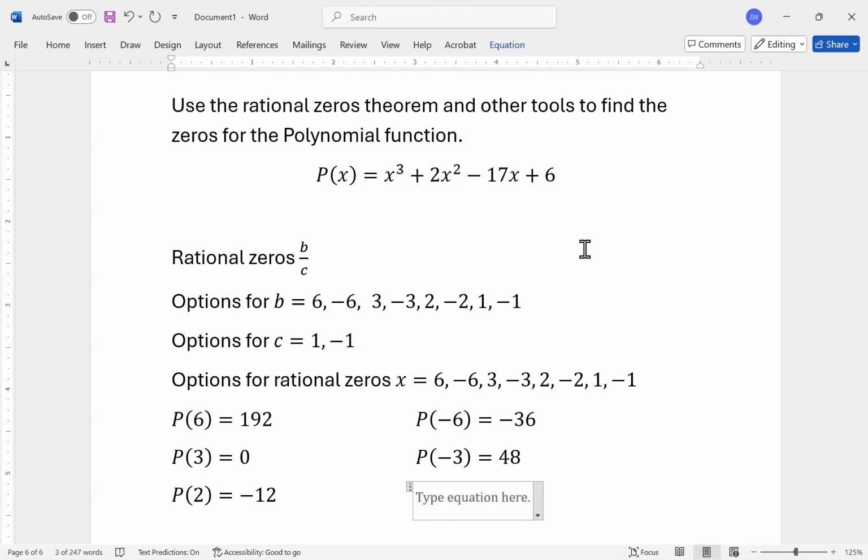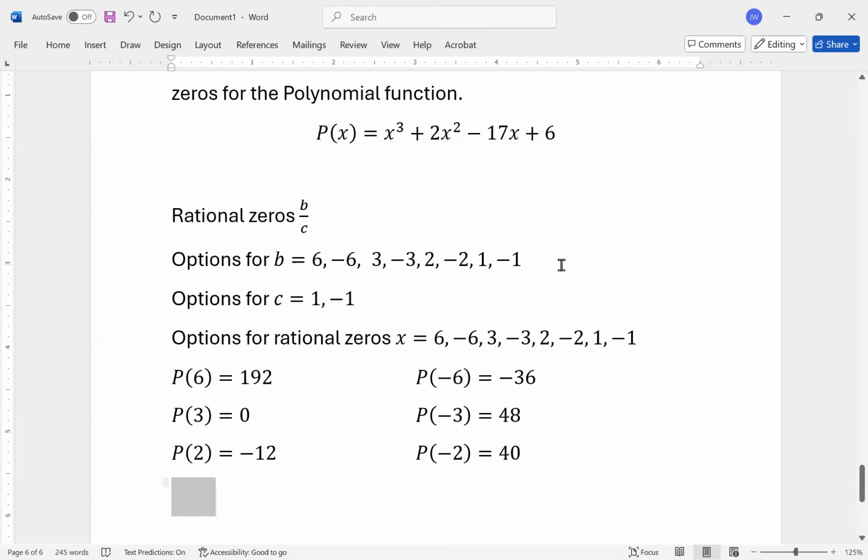When I plug in a negative 2, I end up with a positive 40. Let's try 1 and negative 1. When I plug in a 1, I end up with a negative 8. And when I plug in a negative 1, I end up with a positive 24.